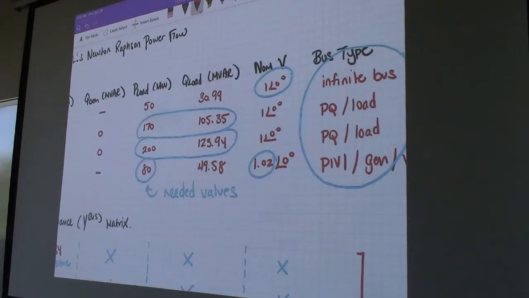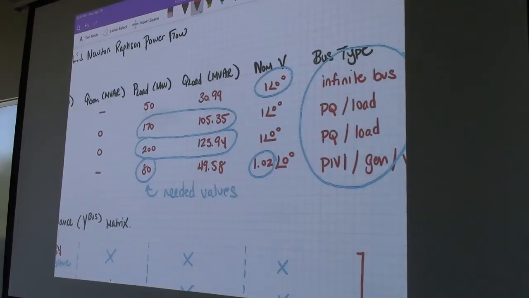So for the infinite bus, do we need to calculate theta 1? No, that's already known. For a PQ bus, we need to calculate both the values. So we will need to calculate theta 2 because that's a PQ bus.